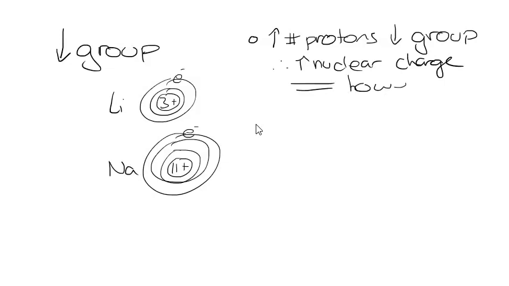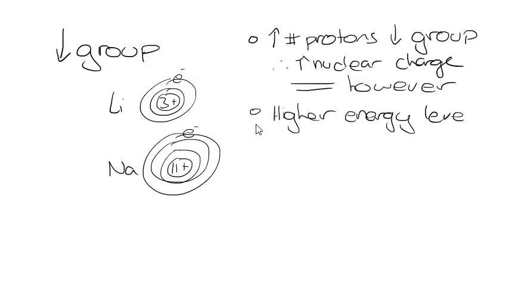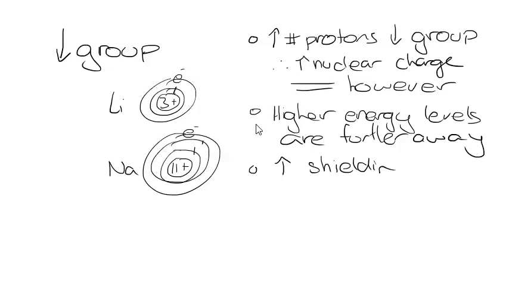However, as we're going down, the outer electrons are being added further away from the nucleus. So the higher energy levels are further away. And the other thing is that there are more energy levels in between. Sodium's got 2 energy levels in between the nucleus and the outer electron, whereas lithium has only got 1. So there is an increased amount of shielding from the inner shells.